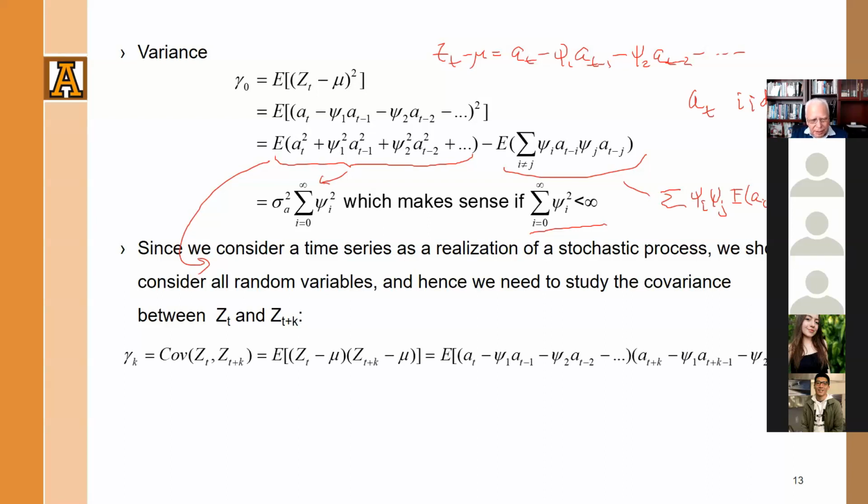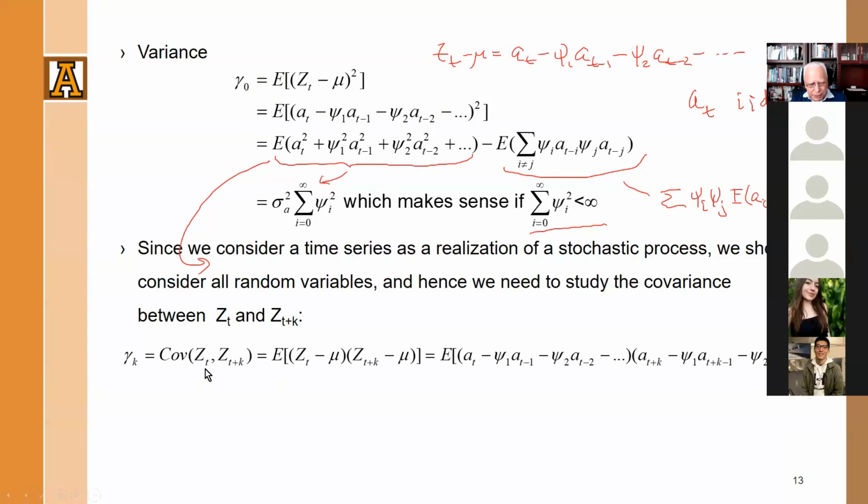Okay. So we'll calculate the covariance, we'll call it gamma sub k, the covariance between Z_t and Z_{t+k}. I could have done it as Z_t minus k, it is the same. And that is the expected value of Z_t minus mu times Z_{t+k} minus mu, right? And we know that Z_t minus mu is this expression here at the top.